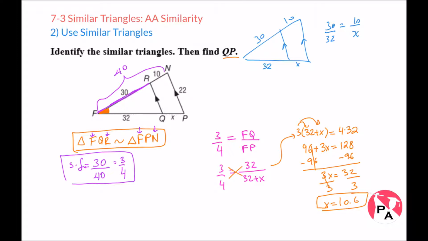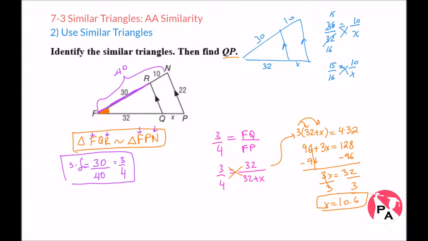Instead of dealing with distributions, if you just divide these two and then these two, set them up equal to each other, you can find the same answer by doing so. So divide each number by 2, you get 15 over 16. Then 15 over 16 equals 10 over x.